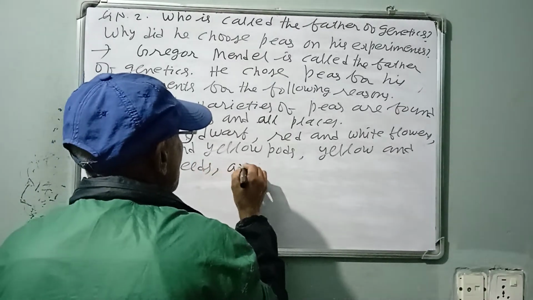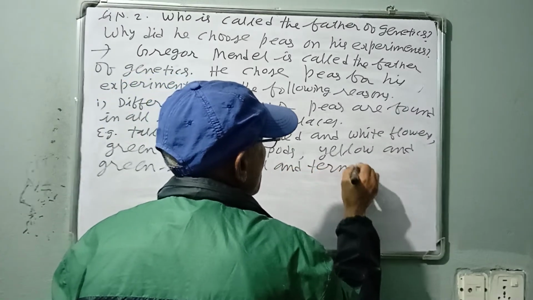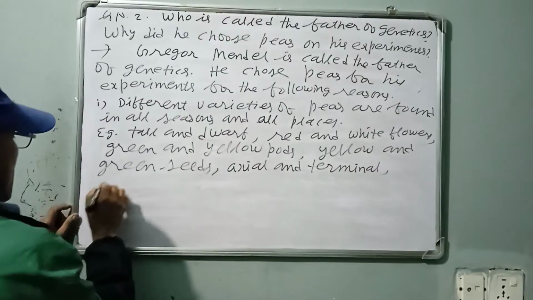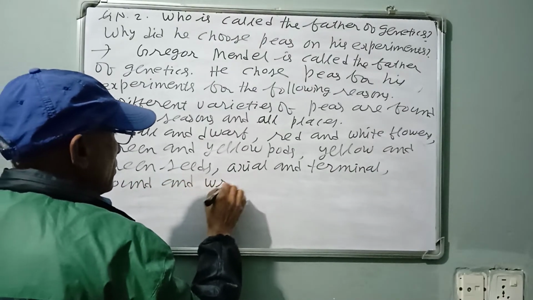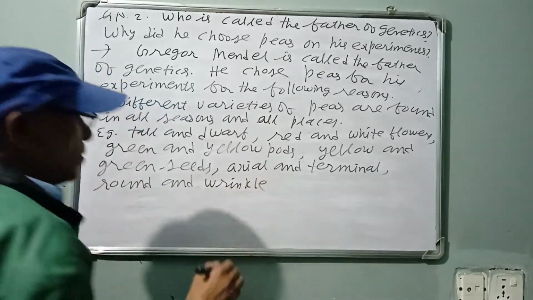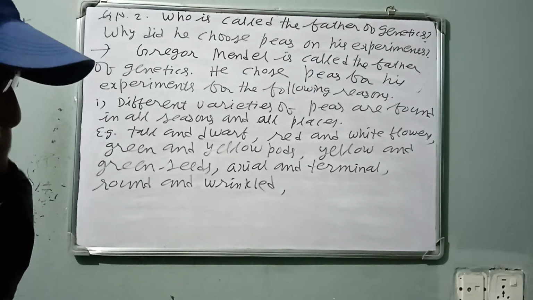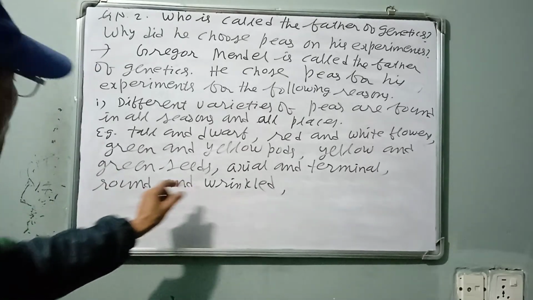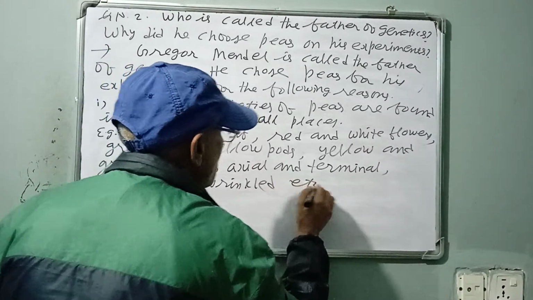Axial and terminal. Round and wrinkled. So many. Round and wrinkled, like the round seeds we studied earlier. Different varieties of peas are found.